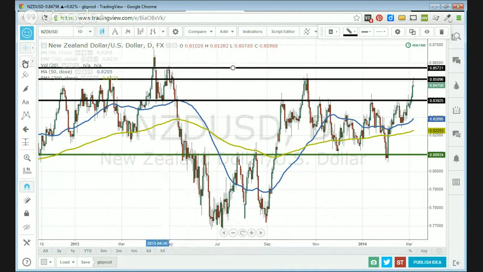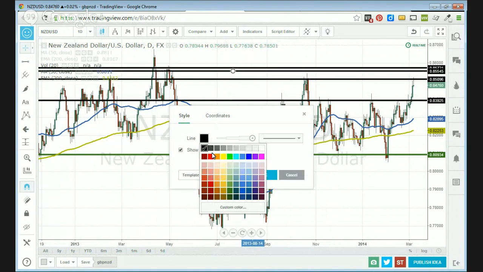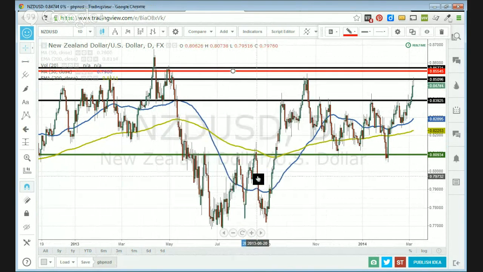So I could put my stop right there. Make that red. This isn't a good enough trade for me.